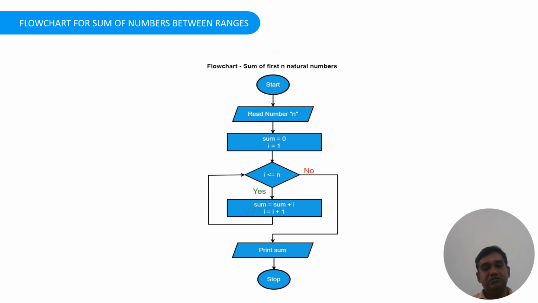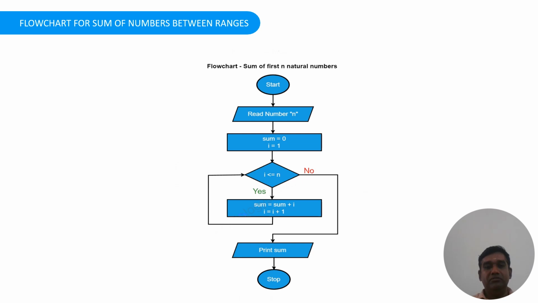If so, we are going to add the value of I with the sum and increment the value of I. So it will run until the condition is closed, means if I is greater than the value of n, we are going to print the value of sum and stop.